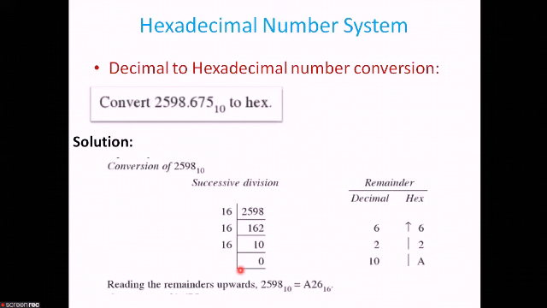Next is decimal to hexadecimal number conversions. See, for these conversions, how do we do it? Let's just listen. To convert a decimal integer number to hexadecimal, successively divide the given decimal number by 16 till the quotient is 0. The last remainder is the MSB. The remainders read from bottom to top give the equivalent hexadecimal integer.